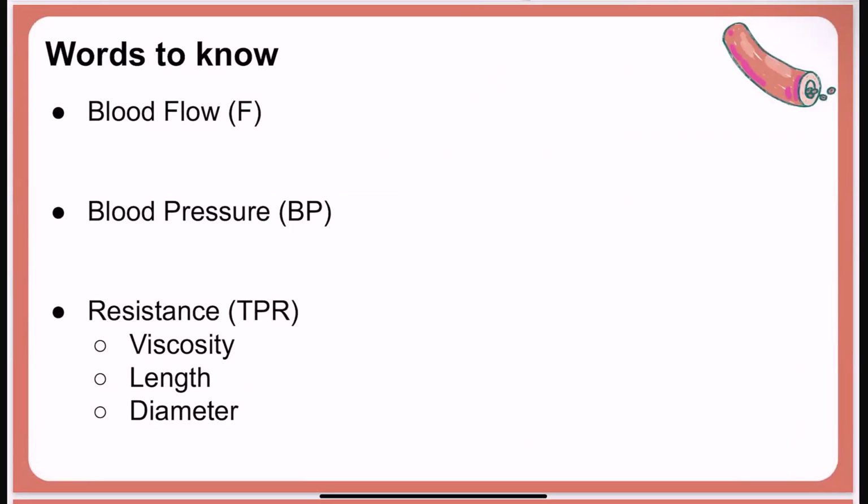So the first of those words, I'll highlight it for you, is blood flow. Blood flow is just the volume of blood flowing through a vessel or an organ or whatever, in a minute.